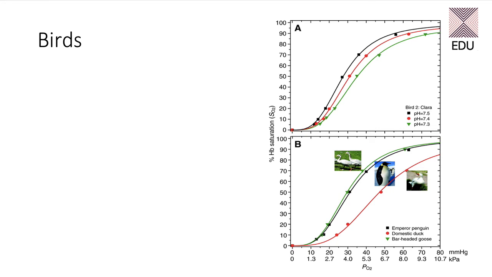So here we can conclude that the hemoglobin of the domestic duck is lower in efficiency than the first two birds, the bar-headed goose and the emperor penguin. So this is a comparative chart, and you can give this chart in your examination if you want.